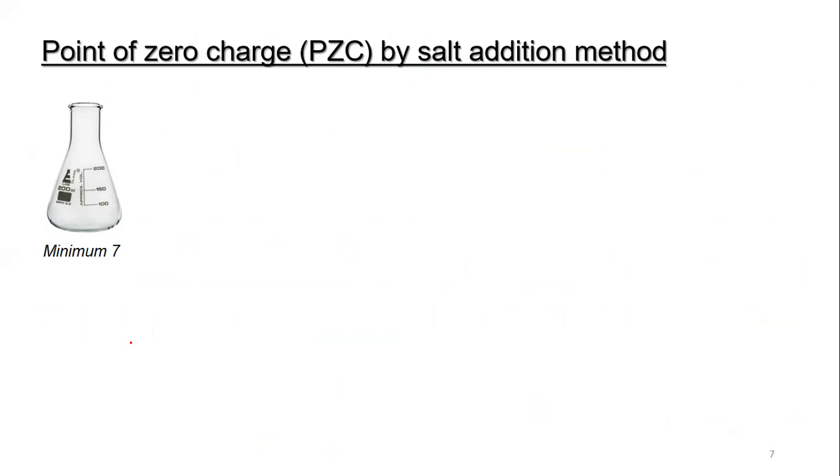But as it is easily available in the lab, for the sake of easy availability, I have used it. So first you need at least 7 conical flasks, and 100 ml conical flasks are enough.